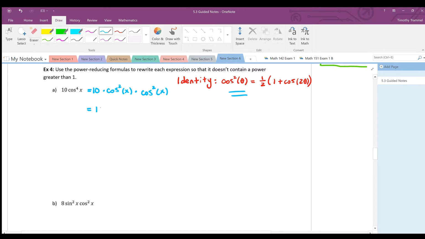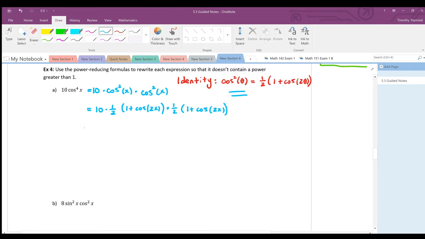So we have 10 times 1/2 times 1 plus cosine of not 2 theta but 2x, because our variable was x here. And then times another 1/2 times 1 plus cosine of 2x.